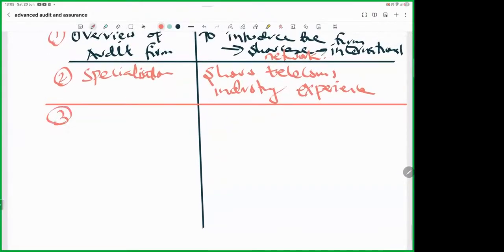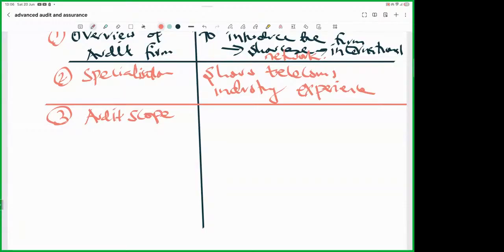Number three, audit scope will be very important for us to define what is expected of us. When I'm writing this proposal, this tender, because a tender document is a proposal, should we get this job, which areas are we going to cover?